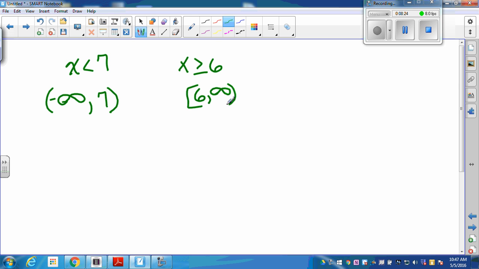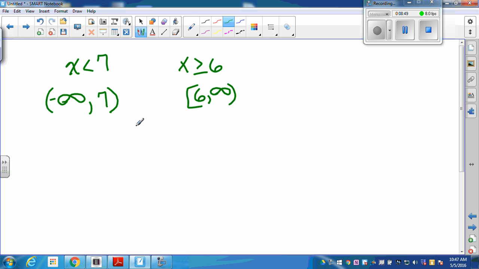So if I read this interval notation out loud, since I have a square bracket, that means that 6 is my smallest value in my solution set, and it's included in the solution set, through infinity. But infinity, since again we don't know what it is, has to be indicated with the round parenthesis.